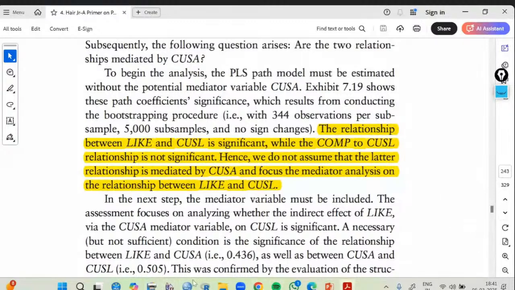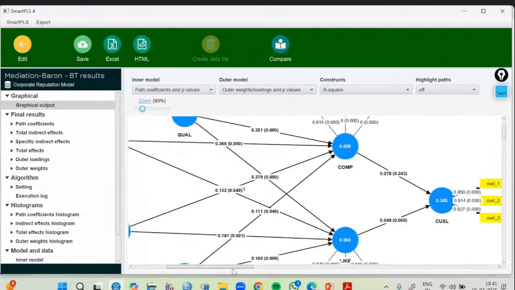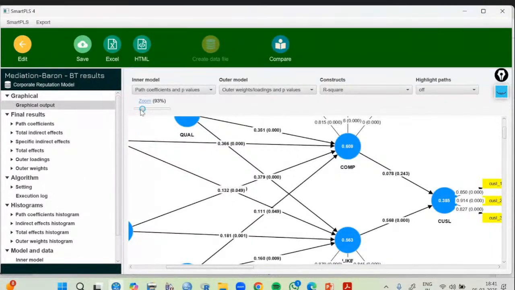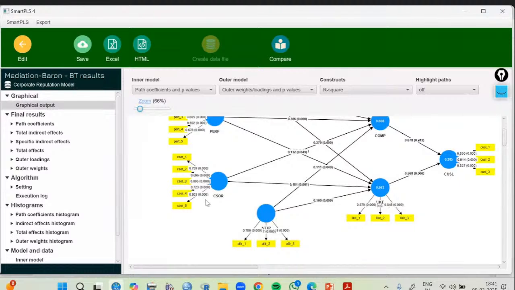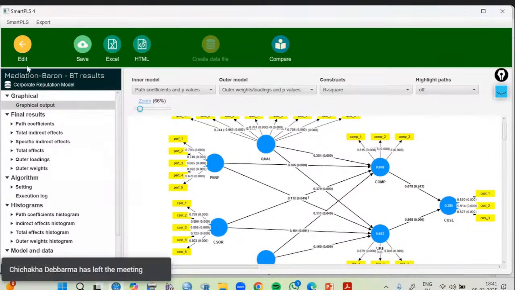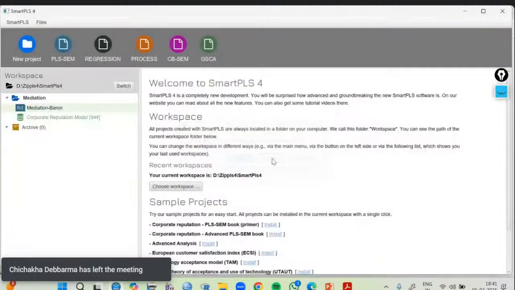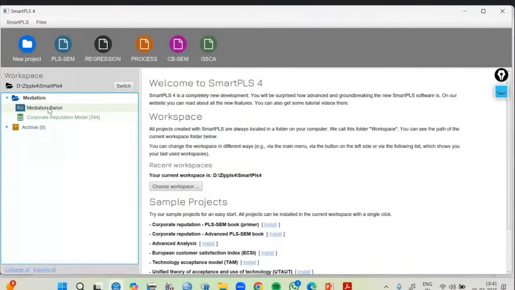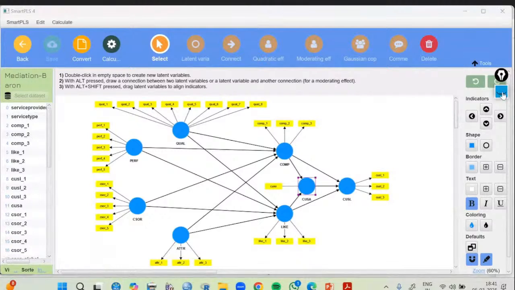Is it clear? So this is our analysis without the mediating variable. Now we will include the mediating variable. Now this is mediation. Now we included this mediating variable, customer satisfaction.